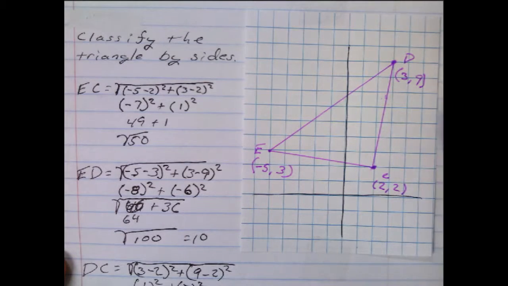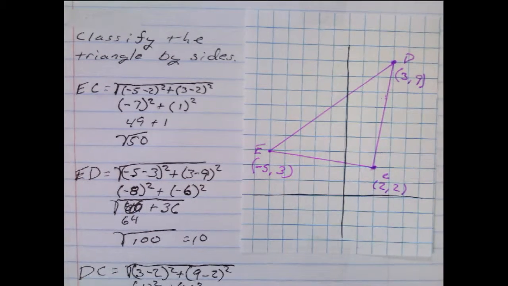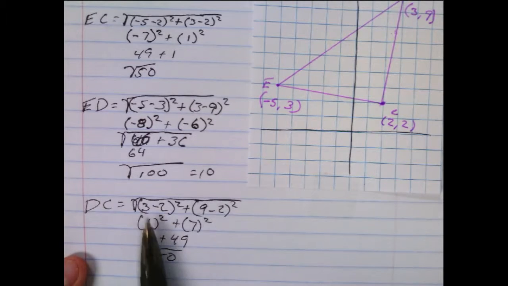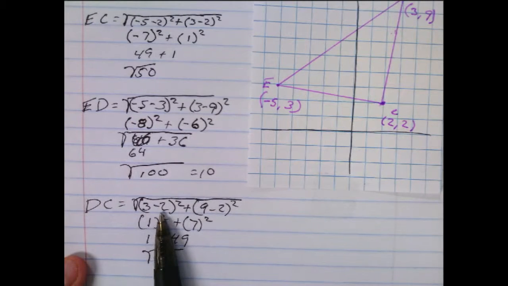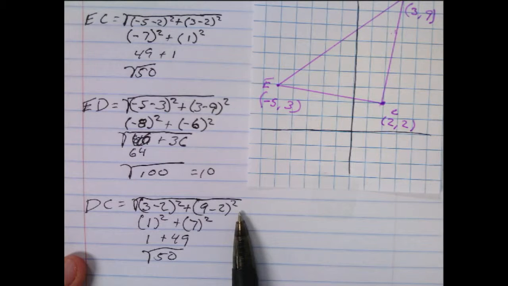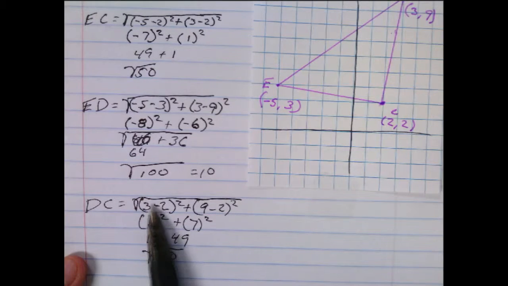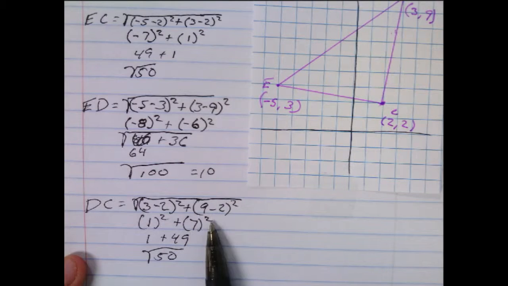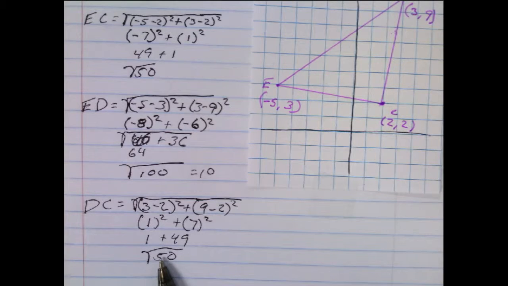So now they asked us to classify it by the sides. So we're going to go back here to, oh, I'm sorry, I went off the screen for you there.